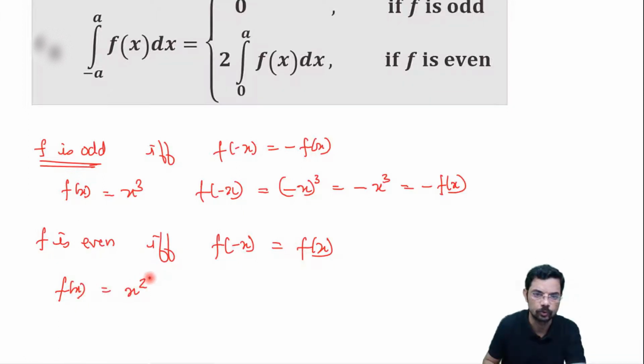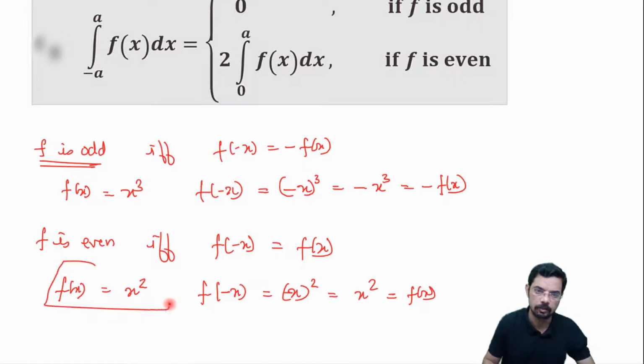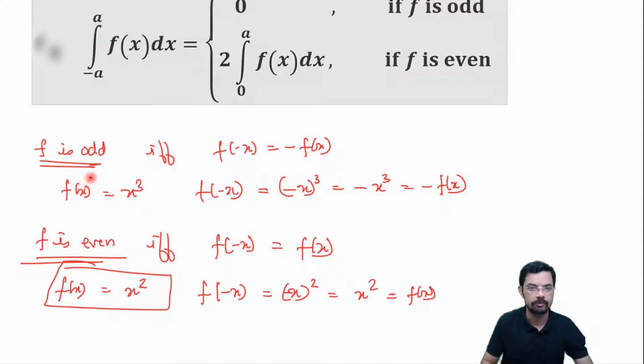In the same way, for an even function we shall take the example f of x equal to x raised to 2. Let us check f of minus x. It will be equal to minus x the whole square, which is equal to x square itself, and that is f of x. So f of x equal to x square is an even function, and f of x equal to x cube is an odd function.